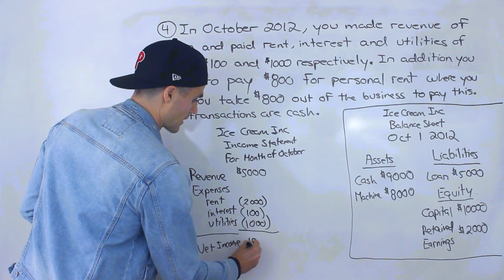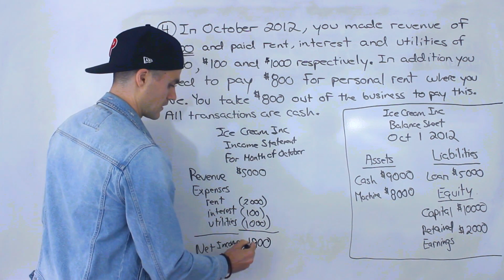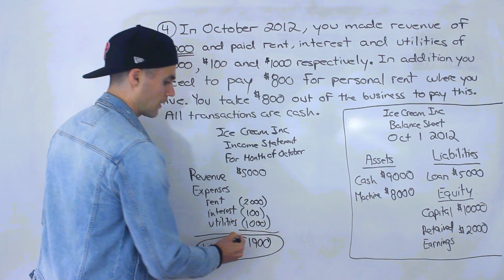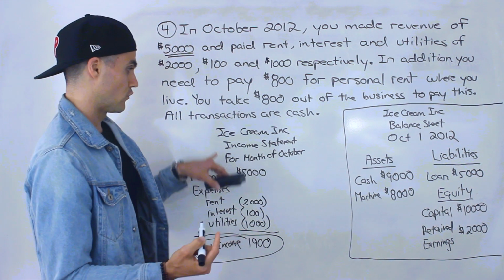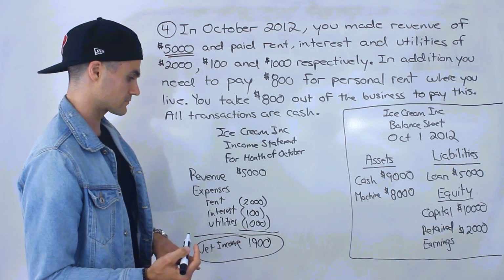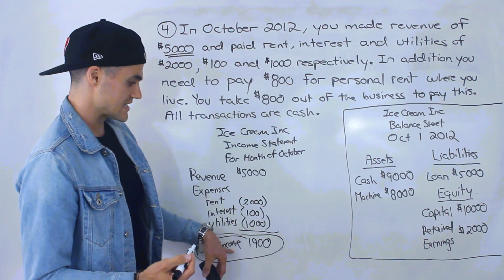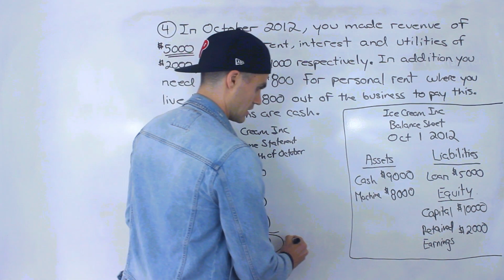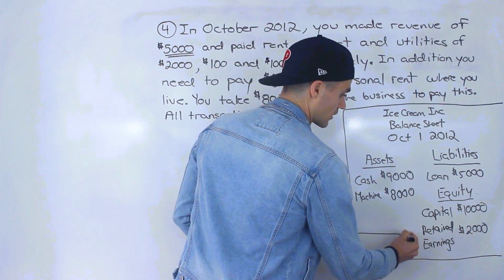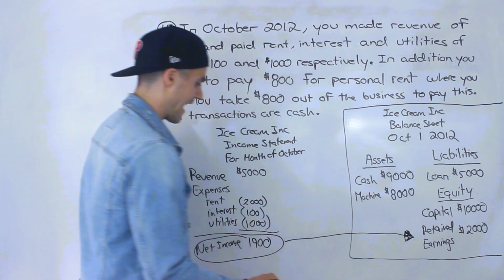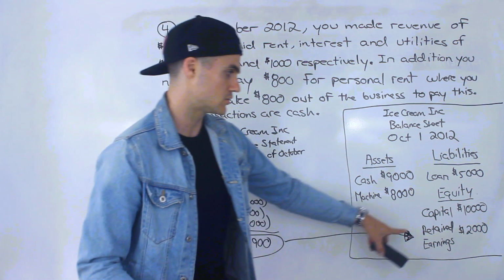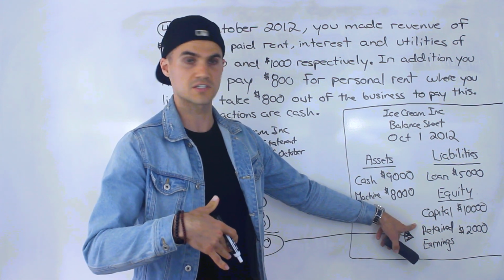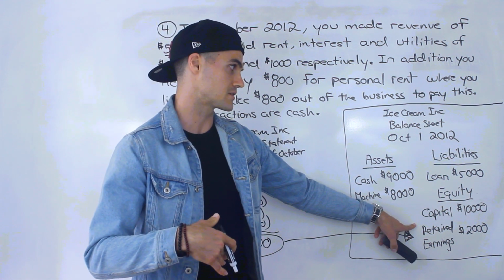That would give us 1,900. And so that ends up being our net income for October. And where does this net income flow to? Remember, it flows into retained earnings. So we would add this 1,900 to this previous retained earnings amount of 2,000.